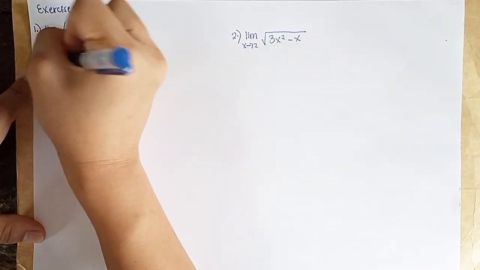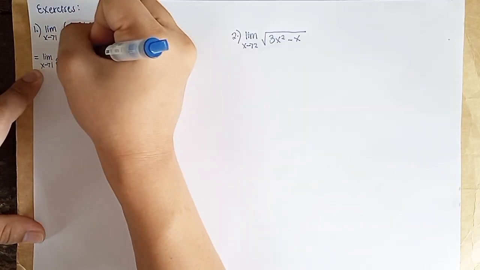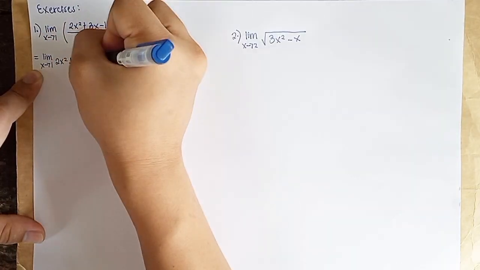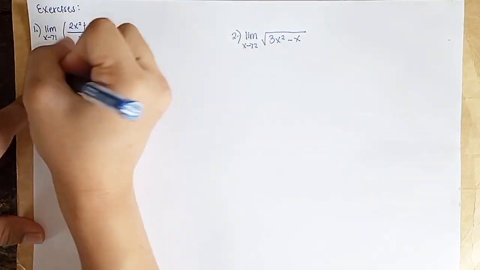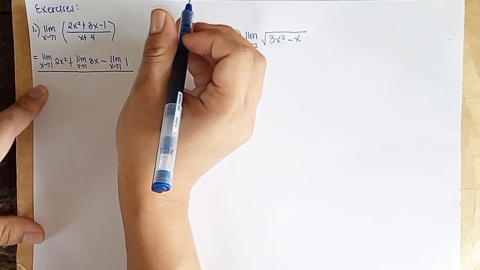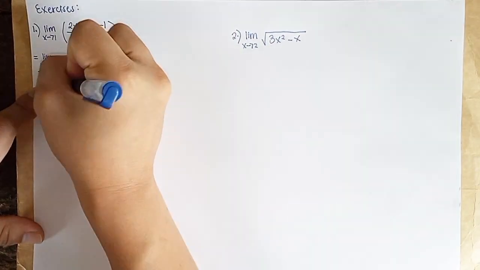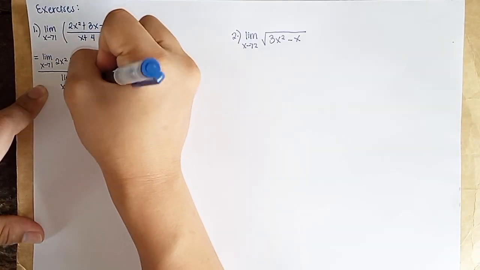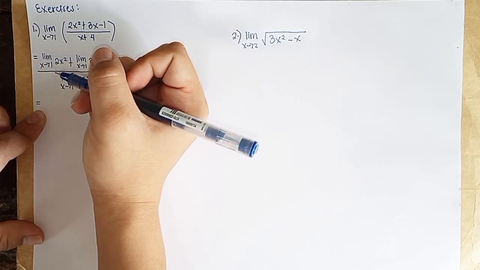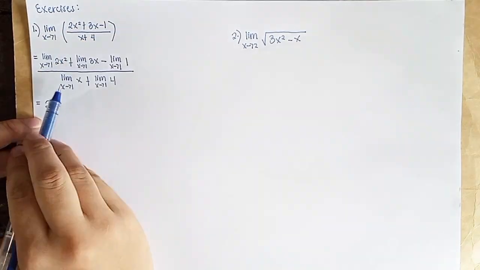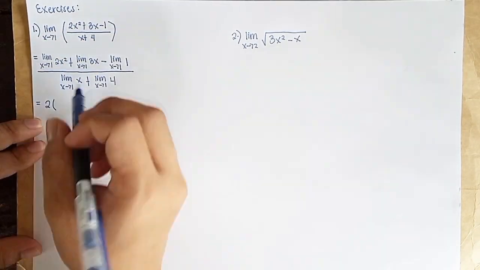So first we have to simplify or take the limit inside of the expression, so limit as x approaches 1 of 2x squared plus limit as x approaches 1 of 3x minus limit as x approaches 1 of 1 over limit as x approaches 1 of x plus limit as x approaches 1 of 4.